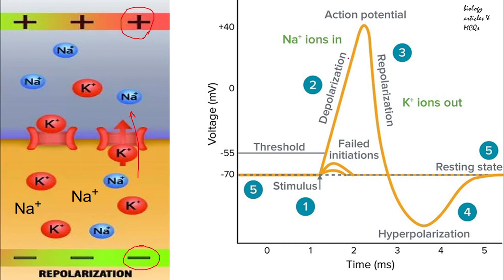This point is called repolarization. It means the membrane is moving again towards the same potential as the resting membrane potential. And this repolarization, as you know, is due to the outflow of potassium ions. So the main contribution of the potassium ions is in repolarization.